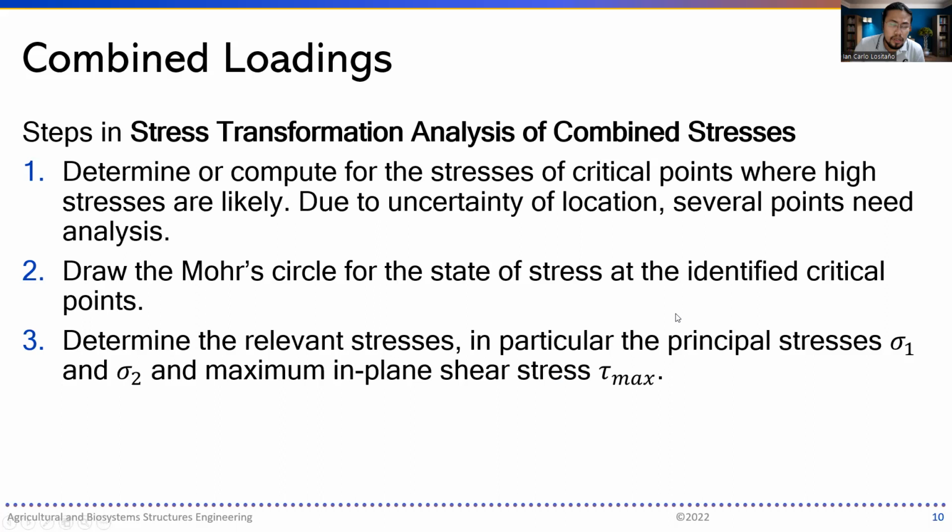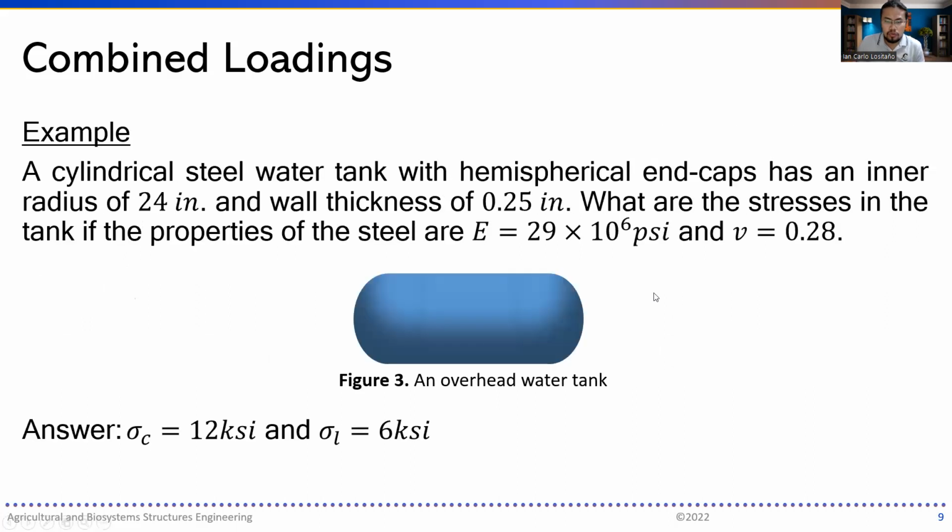Now, we will try to solve for the principal stresses and the maximum in-plane shear stress. Again, this is a very simple solution because a small body here would be experiencing a circumferential stress of 12 ksi.